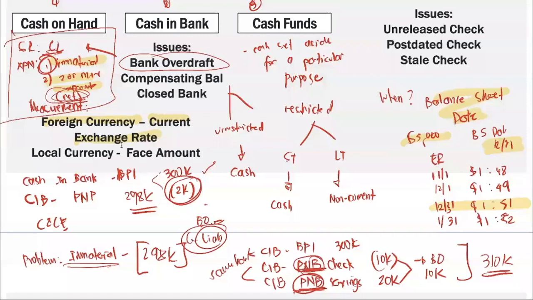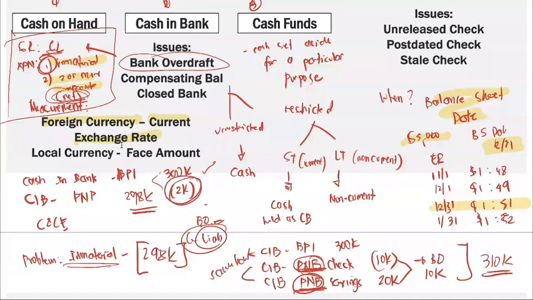But if it's long-term, it is non-current. So this is cash held as compensating balance, and this now goes with your current and your non-current. Remember, we said initially, when we talk about restrictions, if it's restricted, we don't normally say it is not part of cash.